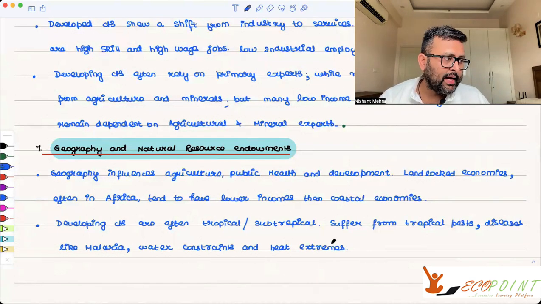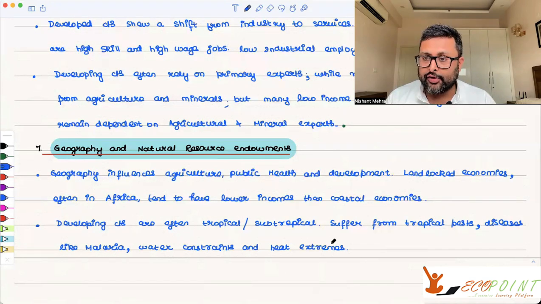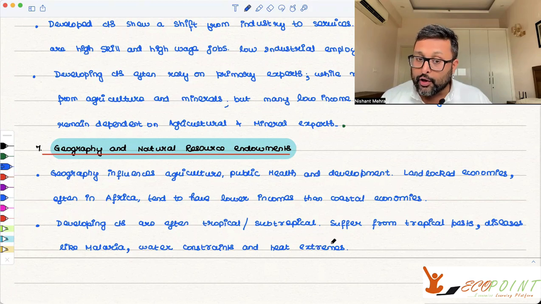So they say that the green revolution has benefited other parts of even the developing world, but due to heat extremes and various kinds of tropical diseases in sub-Saharan Africa, the green revolution benefits could not be spread out in that part of the world because of geography, right?